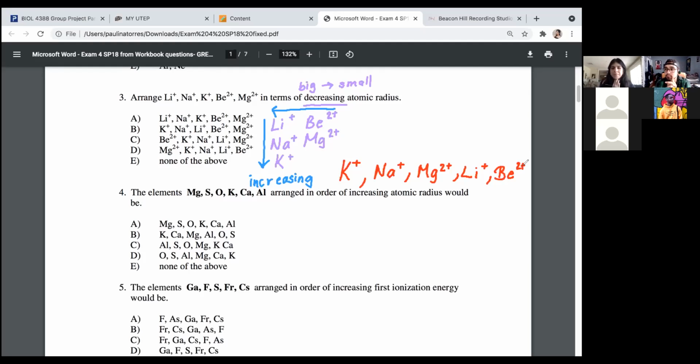Everyone good with that? Cool. So the correct answer should be this one. Oh, wait, just kidding. That one doesn't have it. K and A. It's actually none of the above.